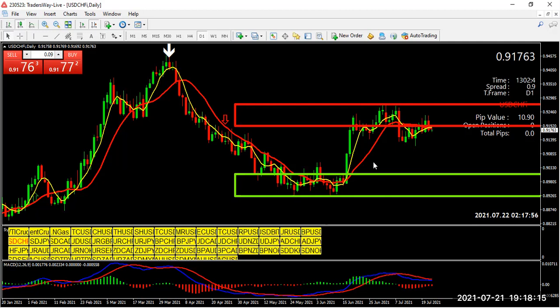Your supply and demand zones are nothing more than key levels of support and resistance. That's it, right? If you're on a higher time frame, that's really good because the higher the time frame, the stronger the structure, right? The stronger the structure. And so what you're looking at now is you see price is in that zone.